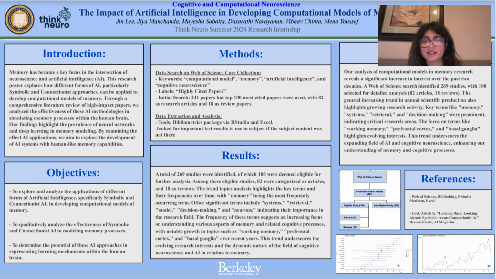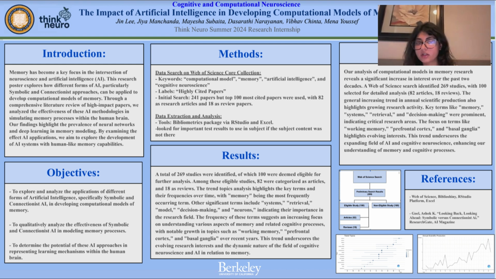Now, our trend analysis revealed in our results that the term memory, of course, is the most frequently occurring keyword, but this indicates a strong focus on memory within the notion of a computational model of cognition itself. Other important related terms to memory included systems, retrieval, decision-making, model, and neurons.